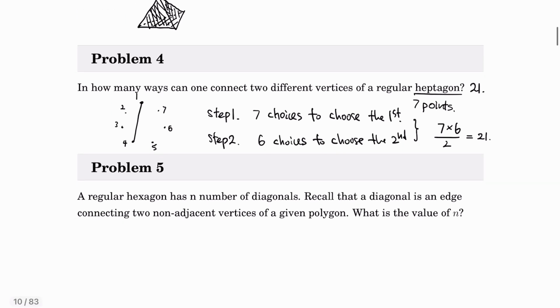A regular hexagon has n number of diagonals. Recall that a diagonal is an edge connecting 2 non-adjacent vertices of a given polygon. What is the value of n? Right, so we have a regular hexagon, and you can identify all shapes of diagonals by sketching it.